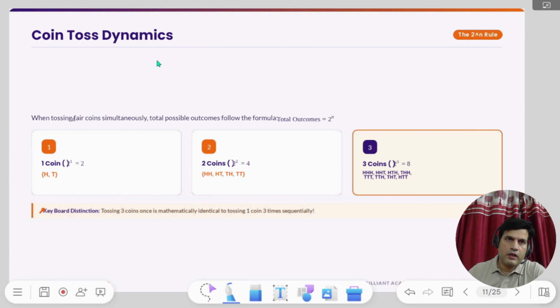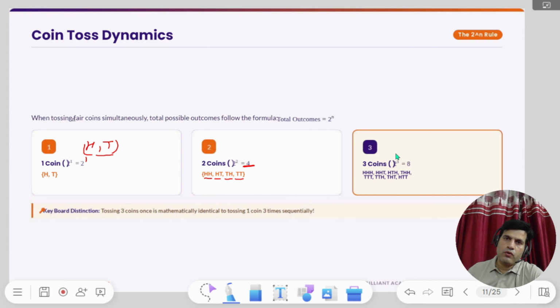And coin tossing. If you toss one coin, there is a possibility of head and tail. With one toss, it will be 2 to the power 1, so the total outcomes will be 2. If you toss 2 times, it will be 2 to the power 2, so there will be 4 outcomes: HH, HT, TH and TT.